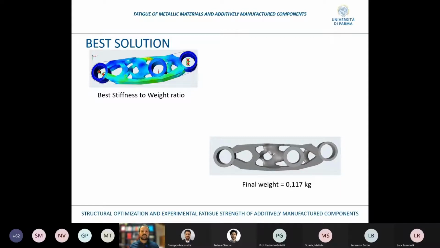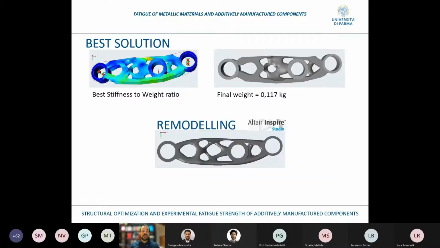So it is necessary to develop a remodeling of the part, and it is easier to use an organic modeler, which for us was Altair Inspire, also from the same software house, that allows modeling organic shapes and smooth surfaces that are better producible with the technology.